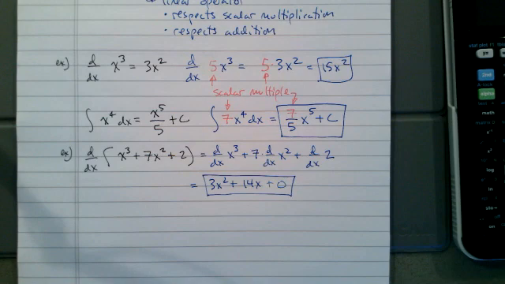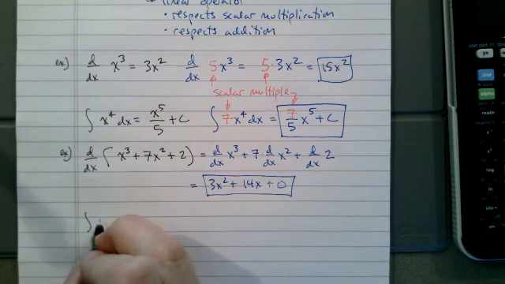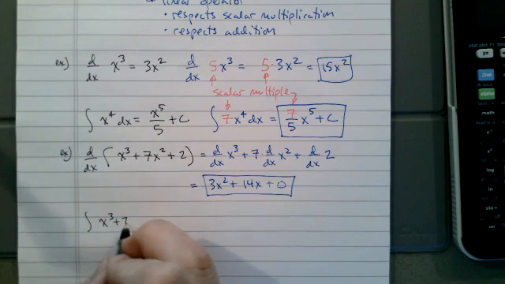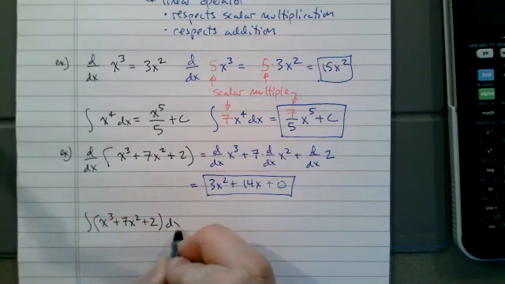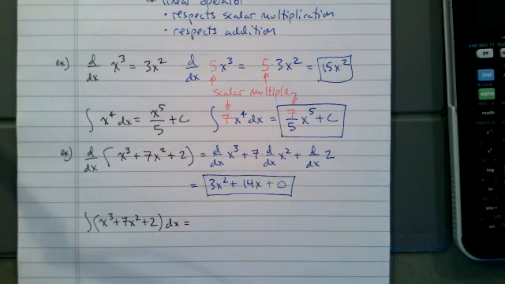And the same is going to be true for integration. If I want to integrate x cubed plus 7x squared plus 2 dx, I can do this a term at a time.